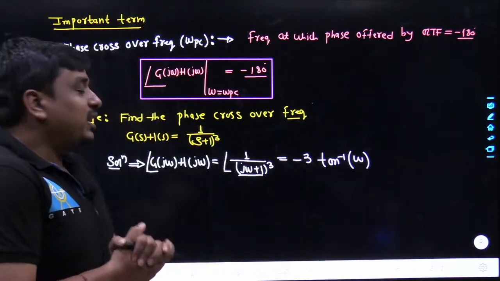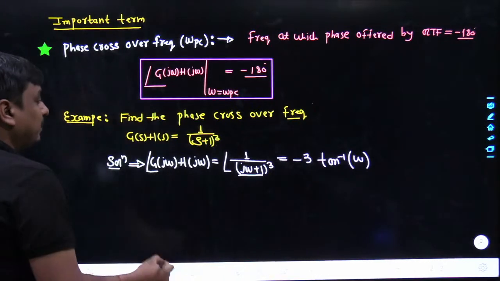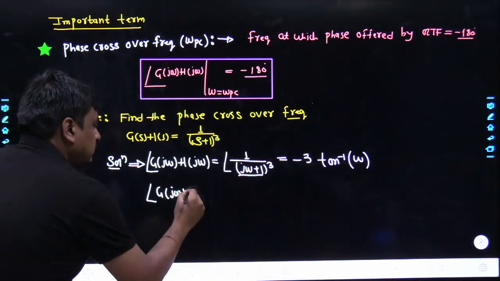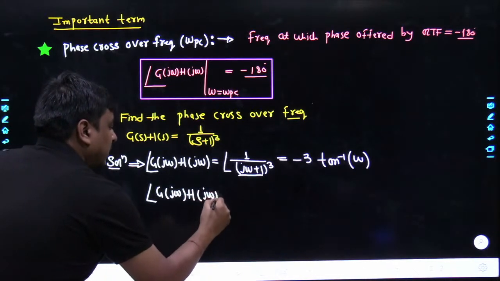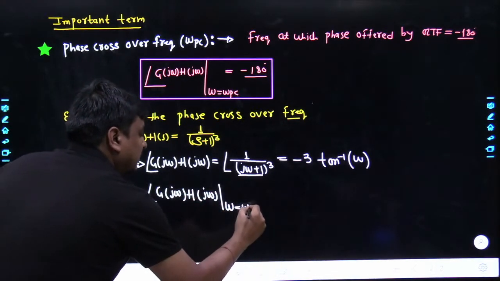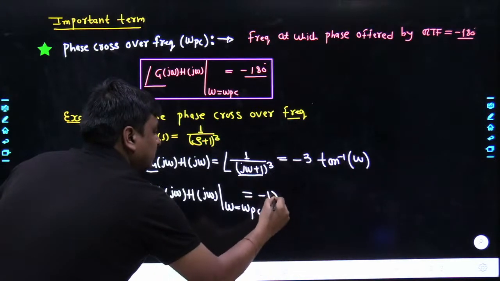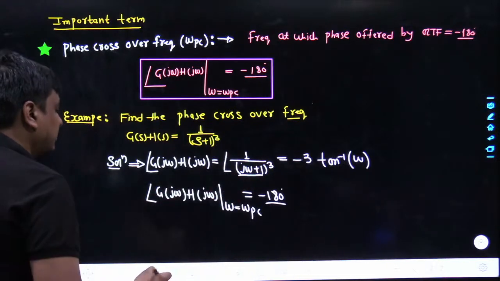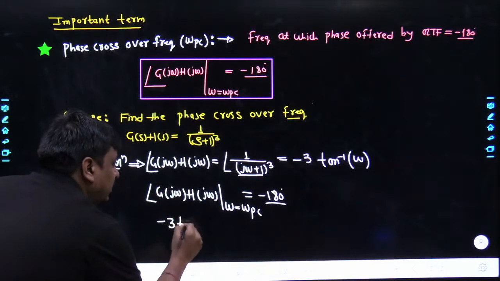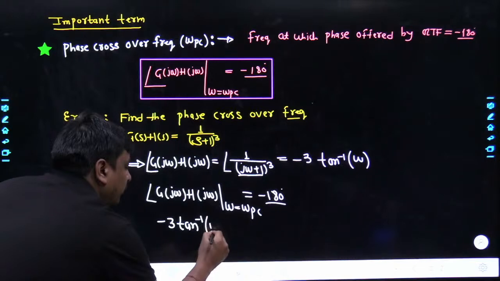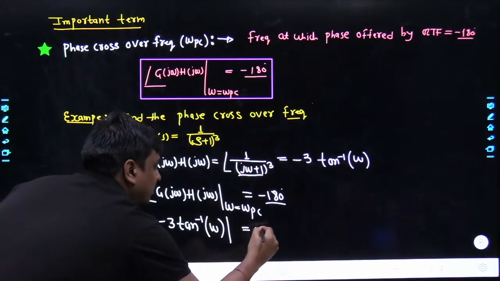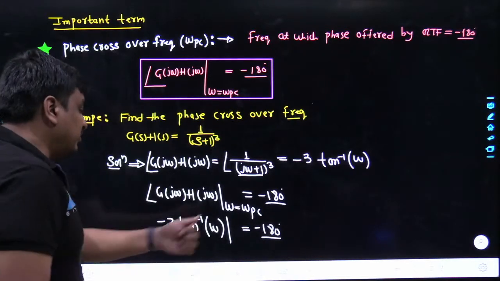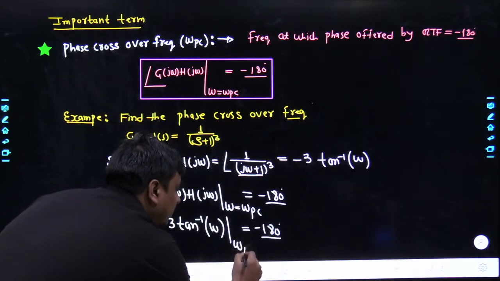Agreed? And as we are looking for the value of omega PC, I have to find the value of omega where the angle offered by the OLTF precisely becomes minus 180 degree, which is the phase crossover frequency. So I would just compare minus 3 tan inverse omega with minus 180 degree.